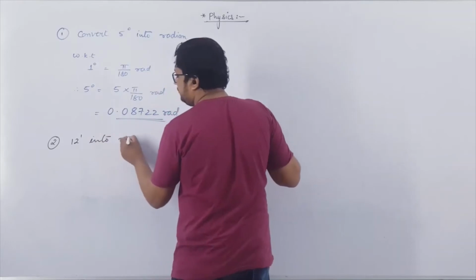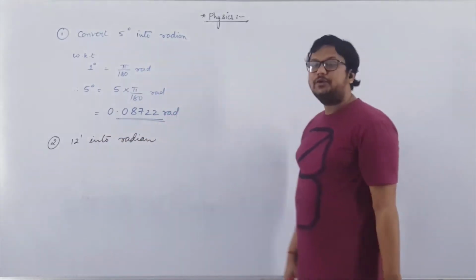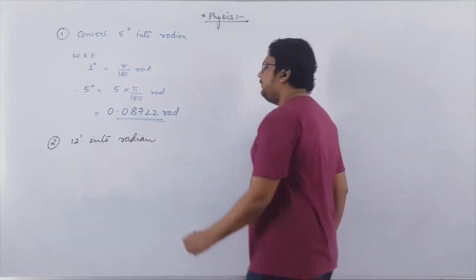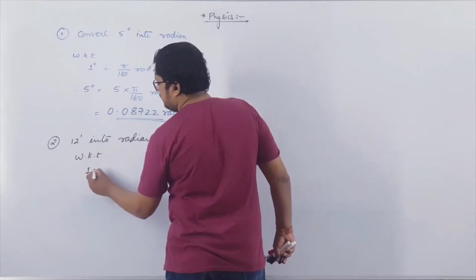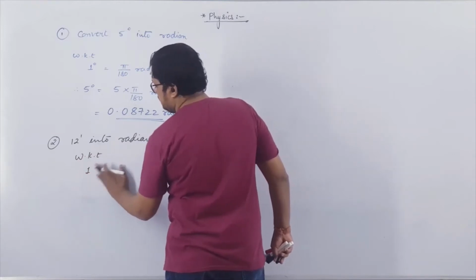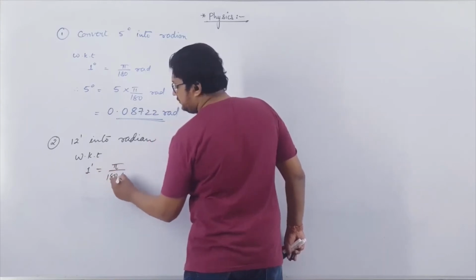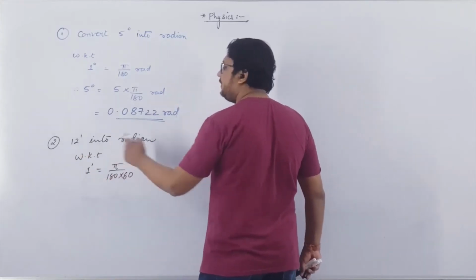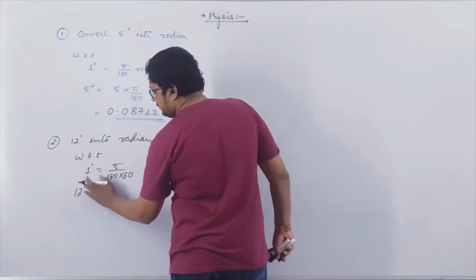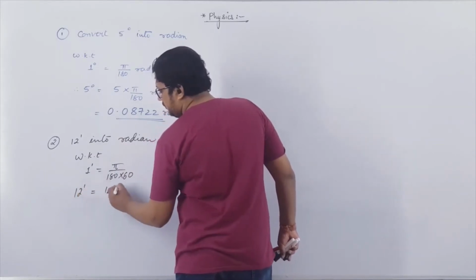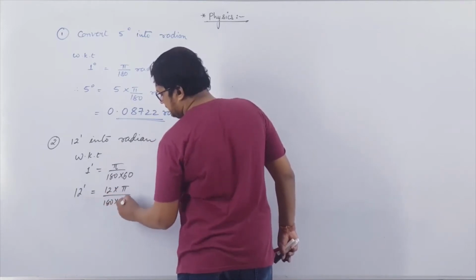Again, we know that 1 minute will be equal to pi by 180 into 60. So if you multiply by 12 on both sides, you get 12 minutes equal to 12 into pi by 180 into 60.